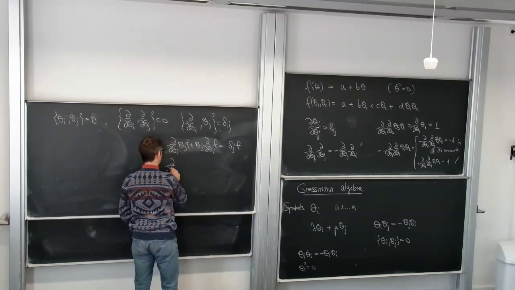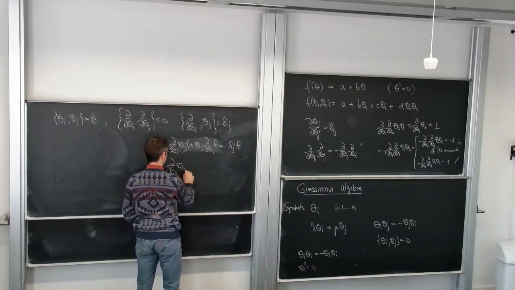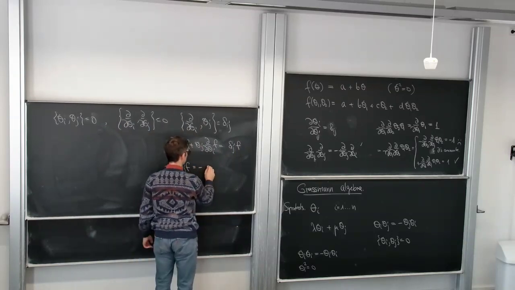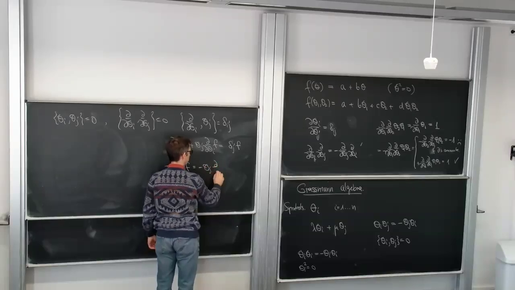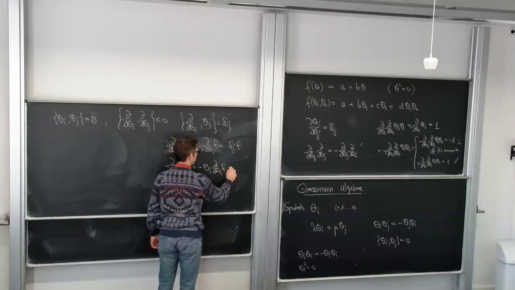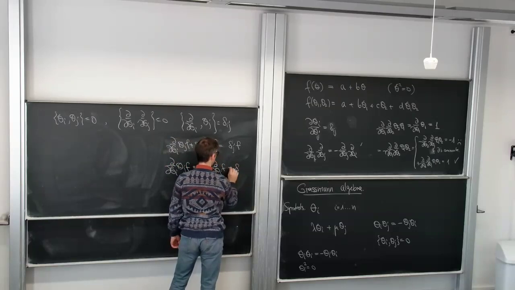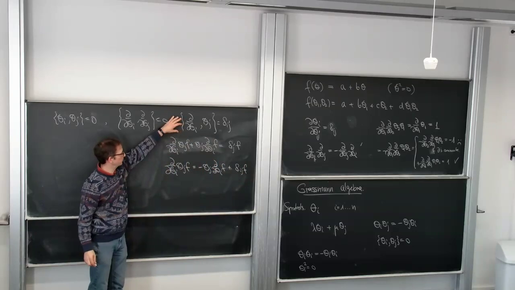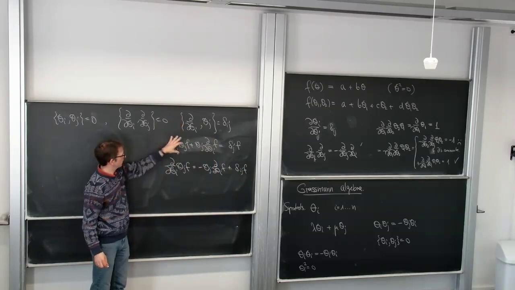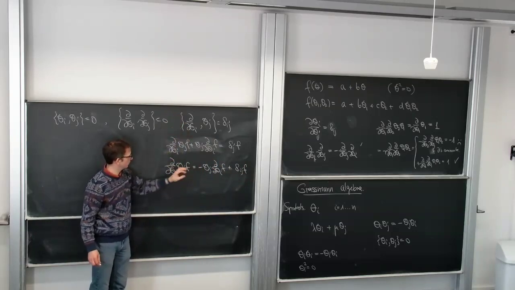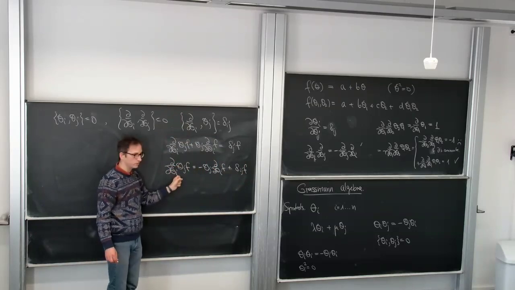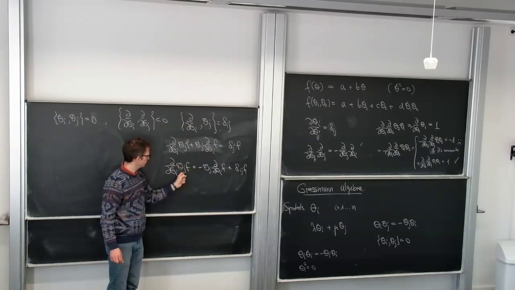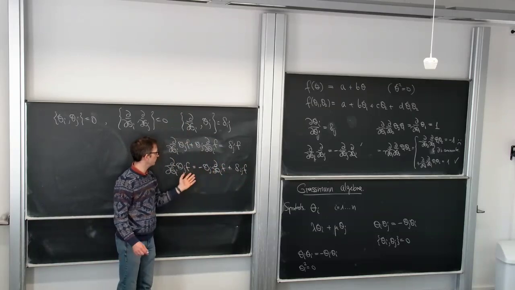So d by d theta i theta j f is equal to minus theta j d by d theta i f plus delta ij f. So I just want to make this a little more explicit. I have spelled the anti-commutator out and brought this to the other side, acting on a function f. So if now the derivative hits this product, then this is basically a Leibniz rule, except for the graded one.